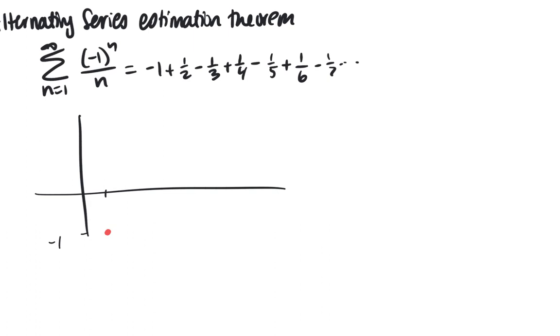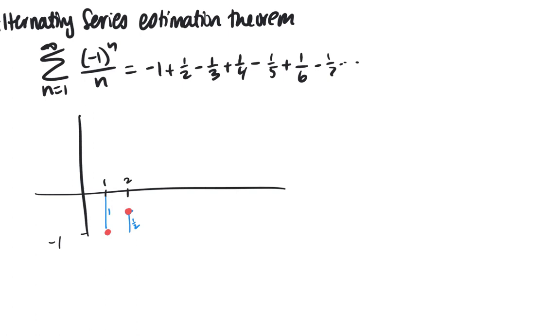So if I add a half to that, I'm going to go in this direction by a half, and I'm going to land right there. So this distance is 1/2, right? This distance is 1, and that's my partial sum right there.